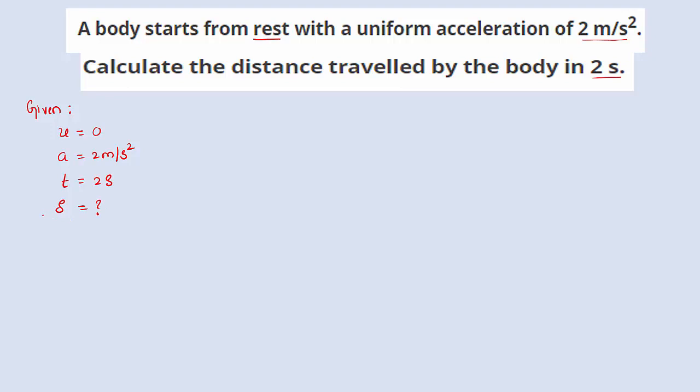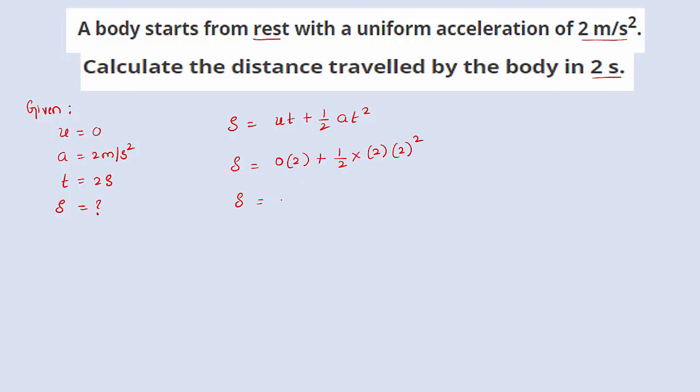So directly we can use the equation of motion S equals ut plus half at square. Substitute the values. Initial velocity is 0, time interval is 2, plus 1 by 2 into acceleration 2 meter per second square and time is 2 seconds. First we have to substitute all the values, then go for calculation.